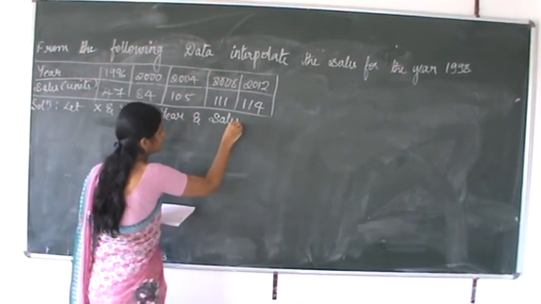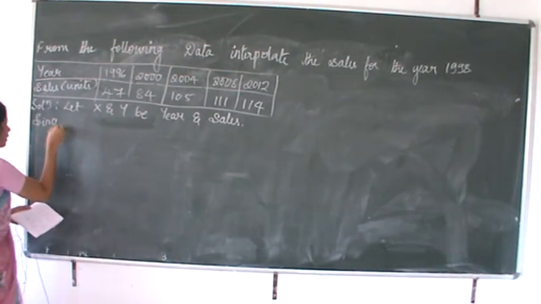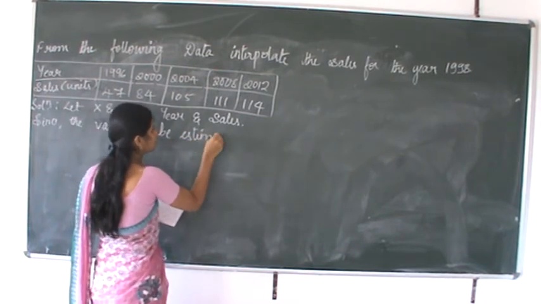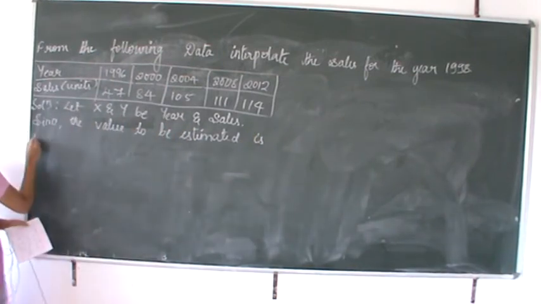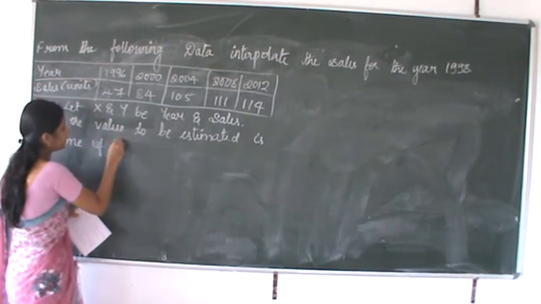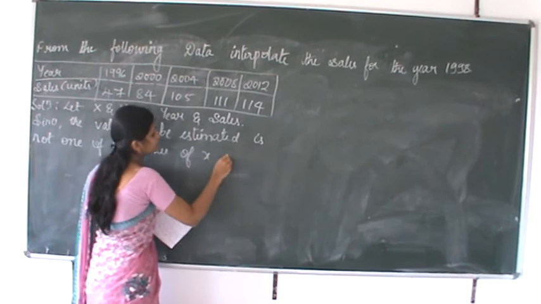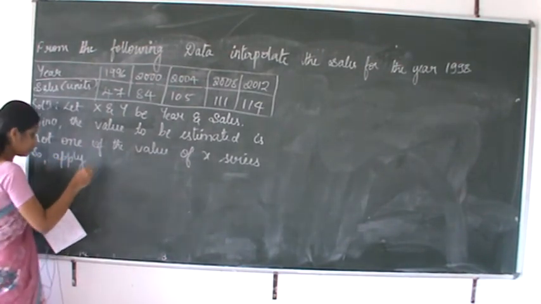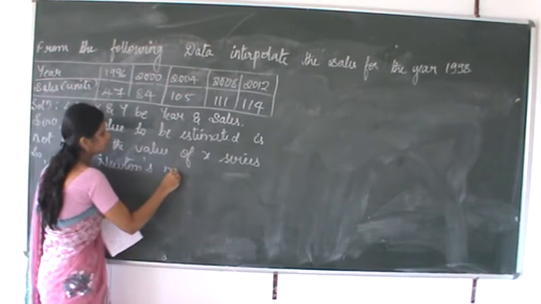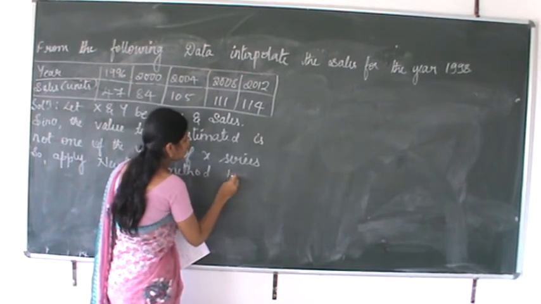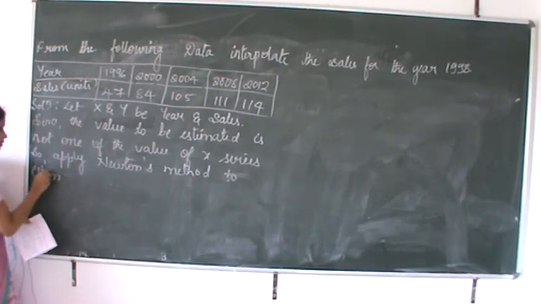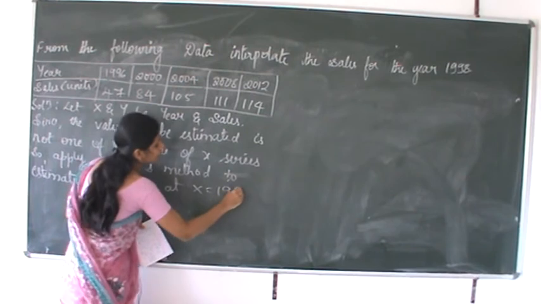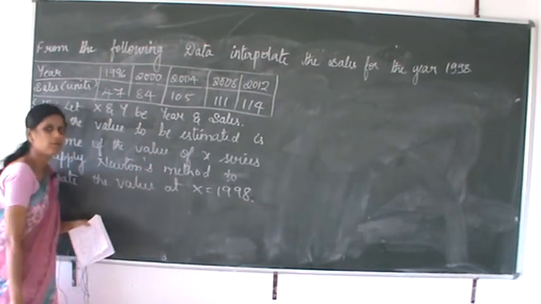Since the value to be interpolated, the value to be estimated, is not one of the values of the x series, apply Newton's method to estimate the value at x is equal to 1998.